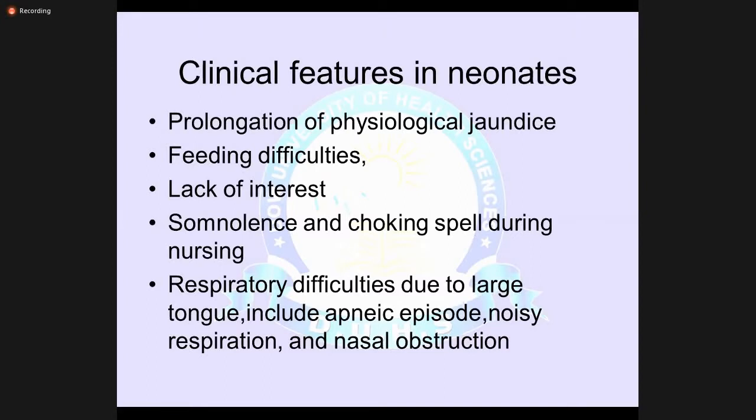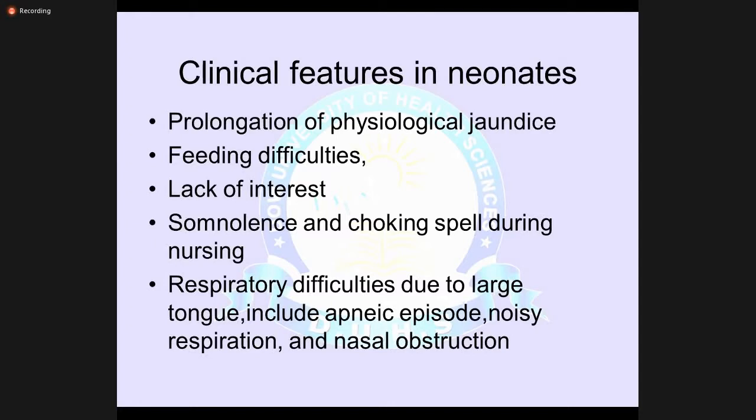Other clinical features could be feeding difficulties, lack of interest, somnolence and choking spells during nursing, and respiratory difficulties due to a large tongue. Usually in congenital hypothyroidism, you will see a large tongue, and that produces difficulty in respiration. So respiratory difficulties due to large tongue include apneic episodes. What is an apneic episode?